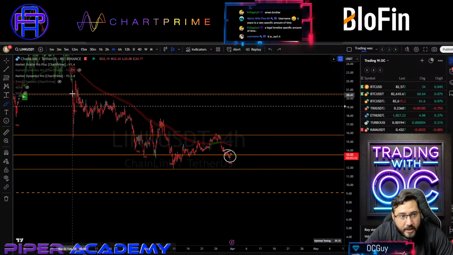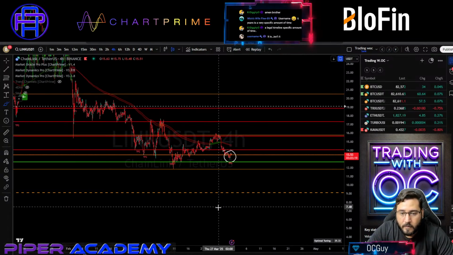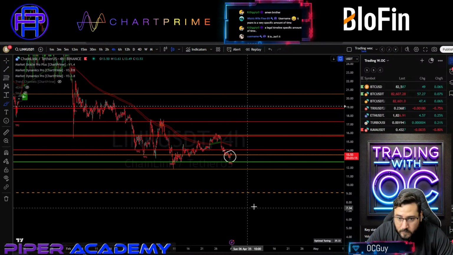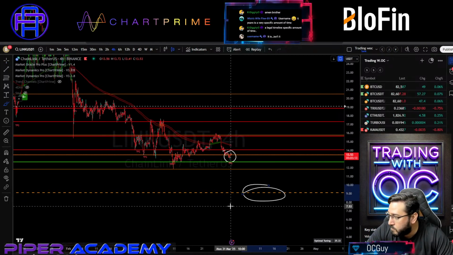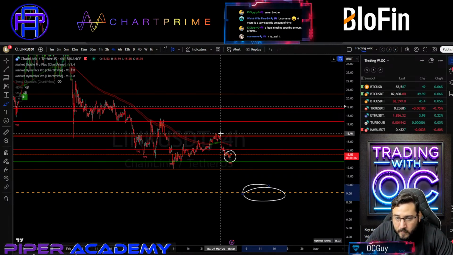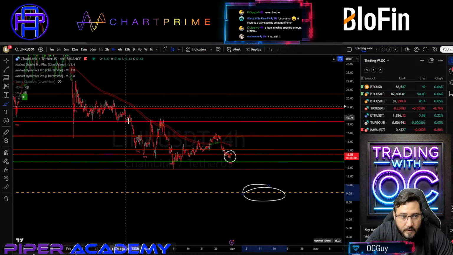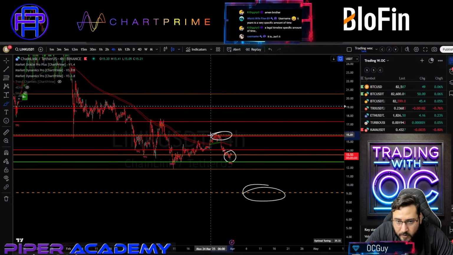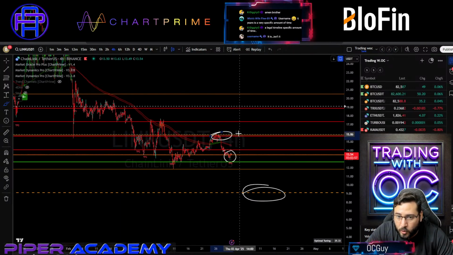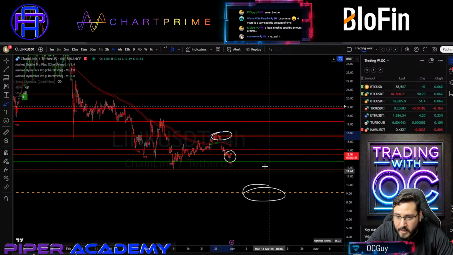So now that I turn them both on, there's two things that I'm looking for. One, the dashed one, the most important. Two, concentration of support and resistances. Double lines. Look at this double line. This is not only 4 hours, but this is also 12 hours resistance, right?